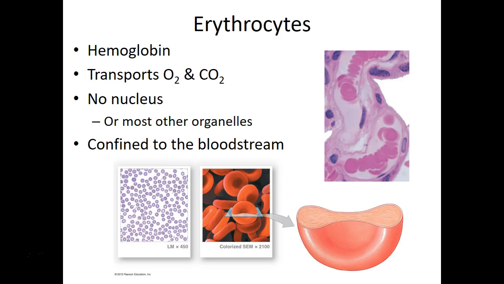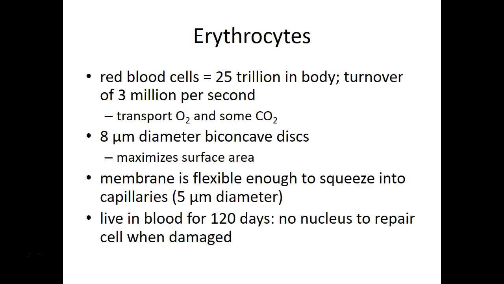All right, so we've got quite a few red blood cells in our body: 25 trillion in the body, with a turnover of about 3 million per second. And they're about 8 microns in diameter. They're biconcave discs, like I mentioned. That helps them squeeze through tight places.